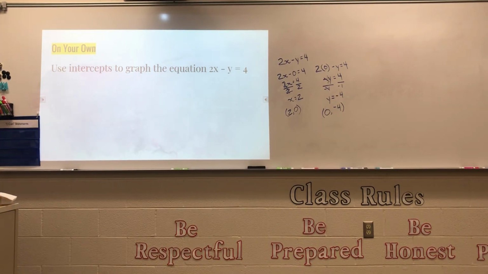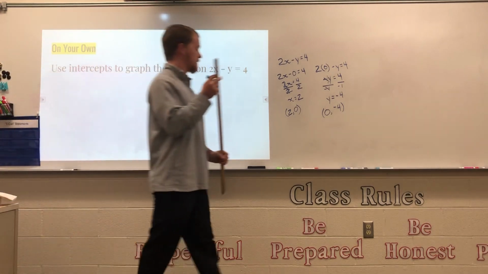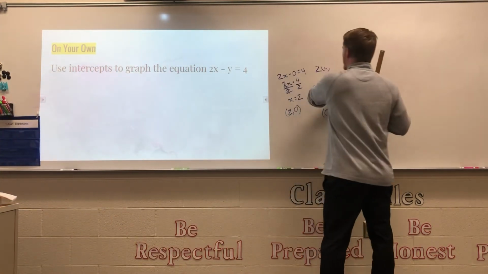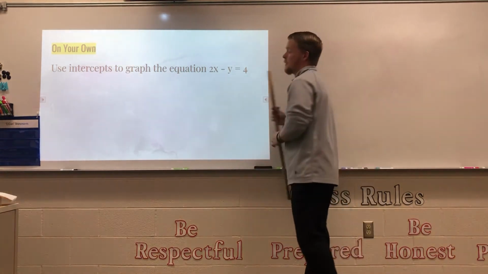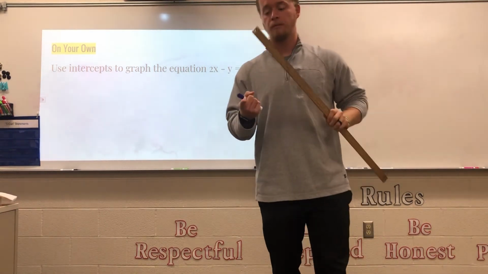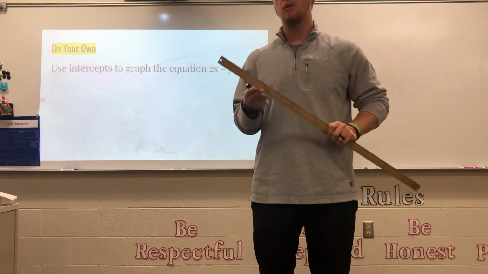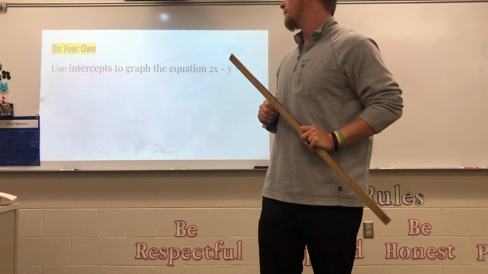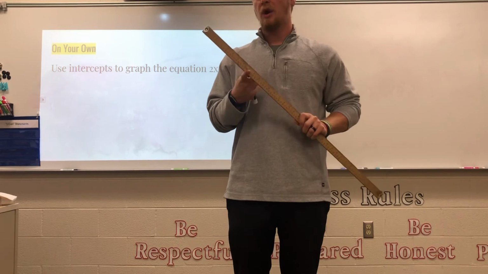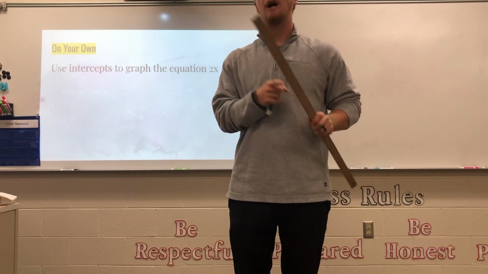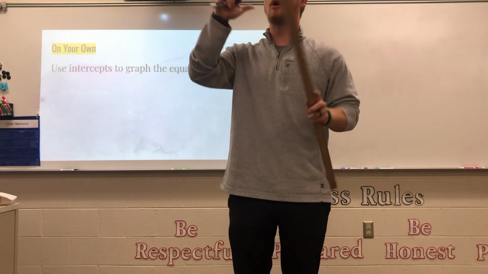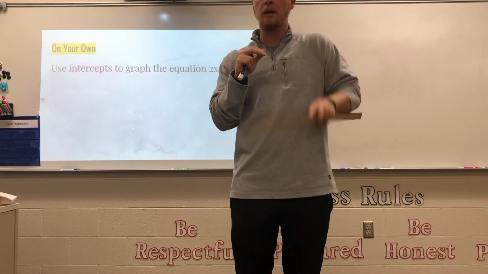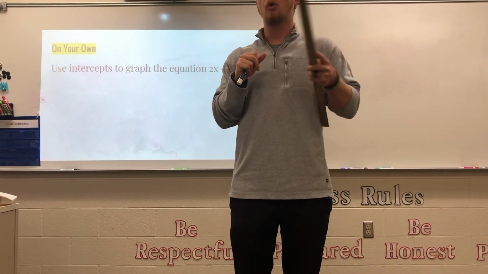Alright, so that is the end of this lesson. Hopefully you got a better understanding of it. Again, the main points are: remember that standard form is ax plus by equals c. When graphing horizontal and vertical lines, y equals a number means that you go to that number on the y-axis, which runs this way, and make a horizontal line.